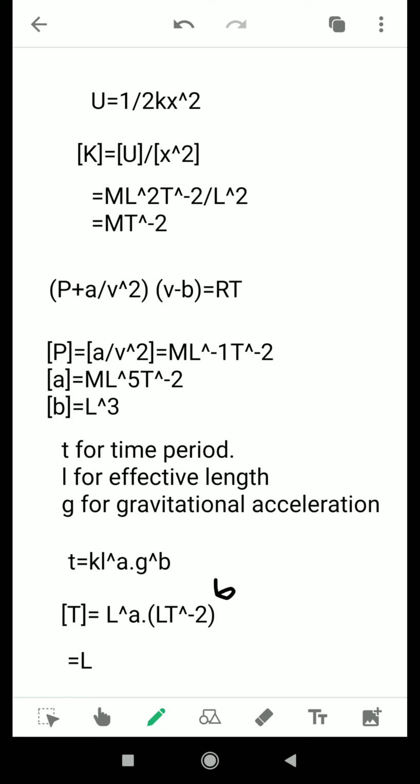So the power of L is L to the power a plus b.